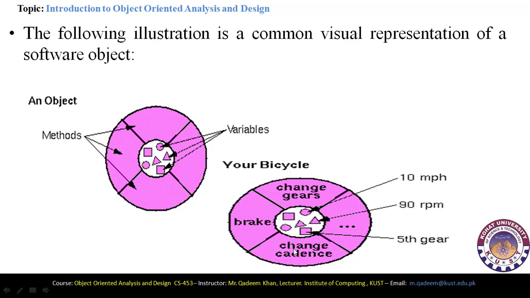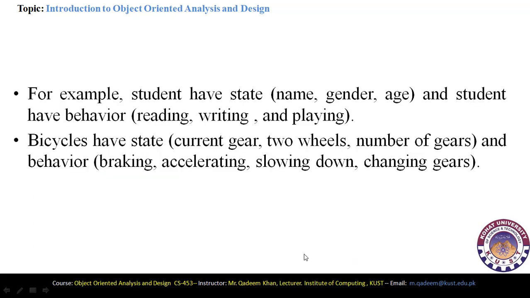They have their methods as well. For example, change the gears is a method. Apply the brake is also a method. Similarly, change the cadence is also a method. Now we have also another example of the objects. For example, students have their states: name, gender and age.